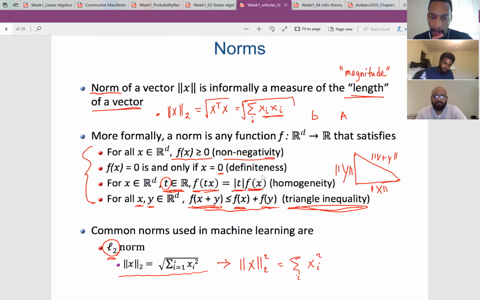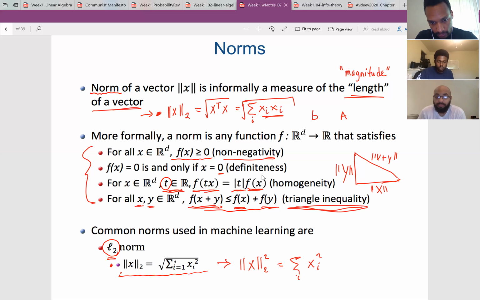At the top, the equation you wrote was the square root of x transpose times x. Then you simplified that to a summation of xi times xi and the square root of that sum. And at the bottom, there's the L2 norm, the square root of the summation of xi squared, which is basically what you wrote up there.